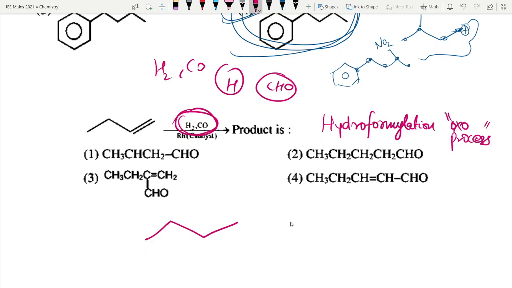But anyways, if anything is clear, let's see. If I add a CHO here and an H here, then I get this thing, or if I add a CHO here, then I get this thing. Is there anything like that? 1 2 3 4, 1 2 3 4 5 carbons. 1 2 3 4 carbons. No, 1 2 3 4 5 carbons. This might be true. Oh, and in other processes we don't even remove the double bond, so yes, I'll go with 2.